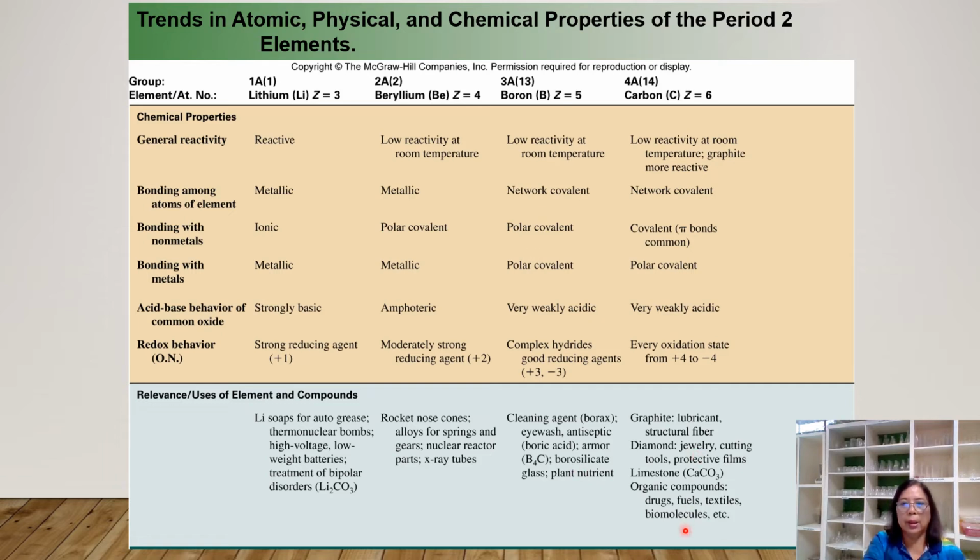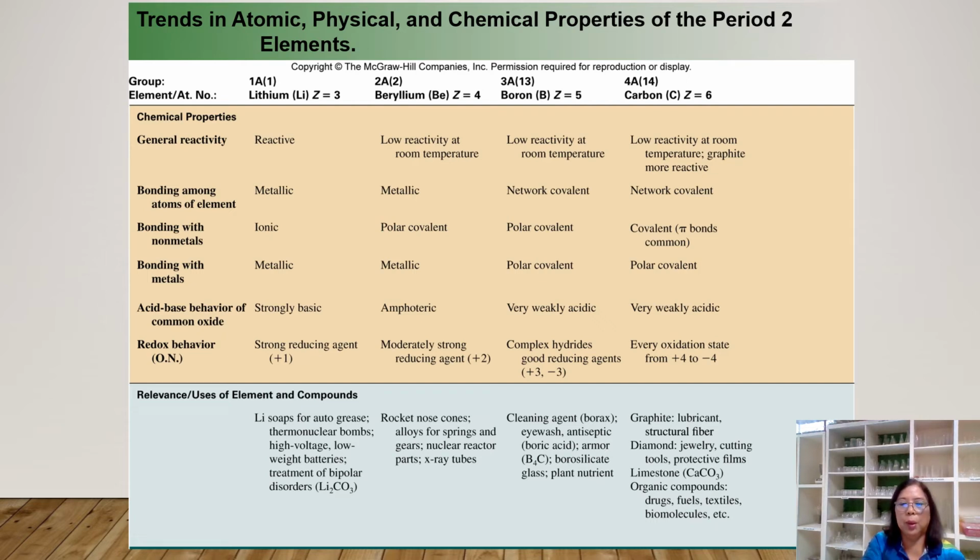And then as graphite, they are used as lubricant and of course as a structural fiber. And then carbon in crystal state is a very expensive crystal. It is called the diamond. And then of course you have the limestone. Limestone used to be the material in the production of blackboard chalk.